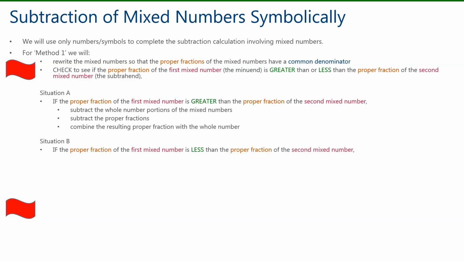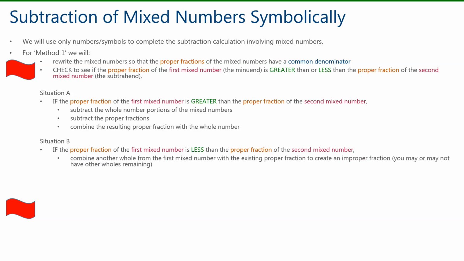In Situation B, we start off with the idea that if the proper fraction of the first mixed number is less than the proper fraction of the second mixed number, we have to combine another whole from the first mixed number with the existing proper fraction to create an improper fraction.